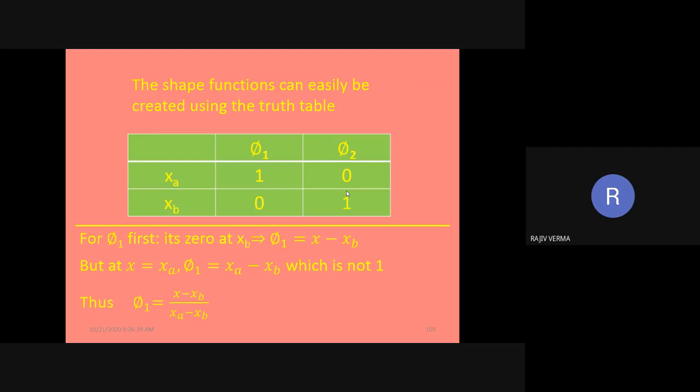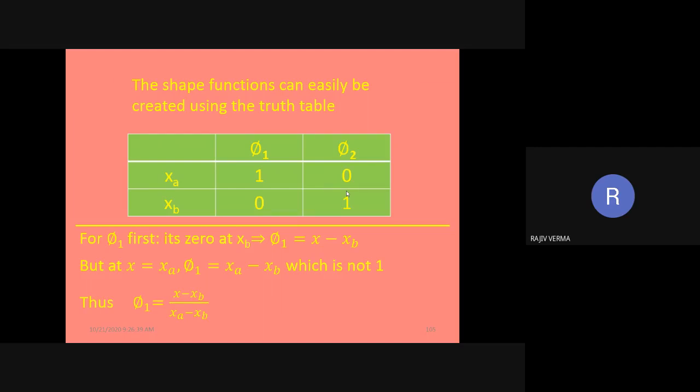Phi 1 is going to be 0 at xb, and it is going to be 1 at location xa, because at this particular location the numerator and the denominator become the same value.